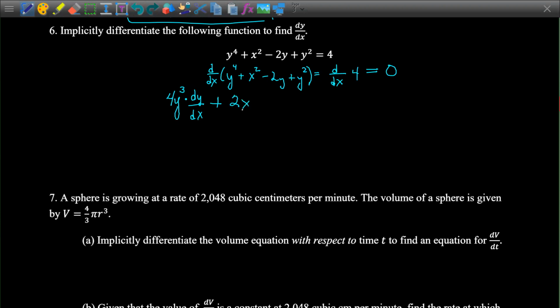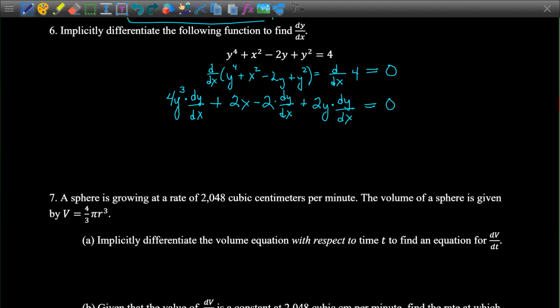So the derivative of that is 2x. Next, we have minus 2y. So we start out with the derivative as if it weren't a function. The derivative of 2y would normally be just 2, but y is a function of x, so we put on the dy dx. Same idea for this last term. And then this is equal to 0.